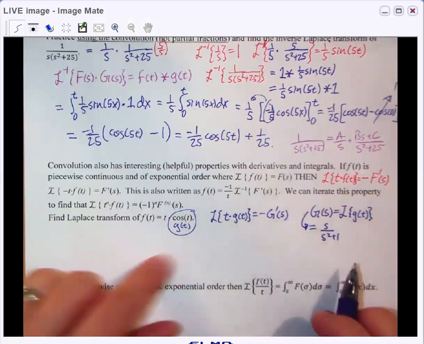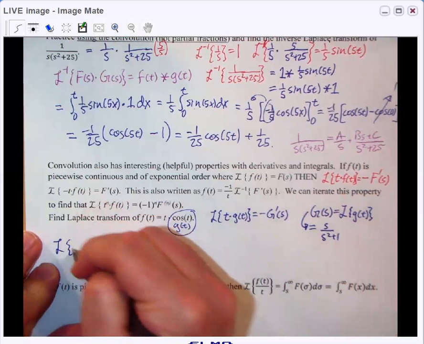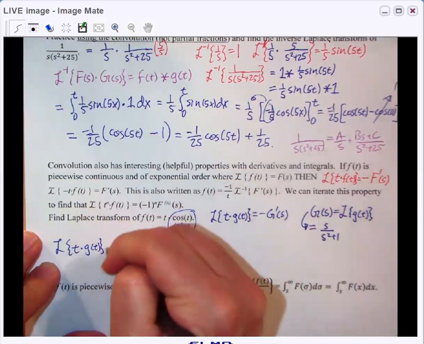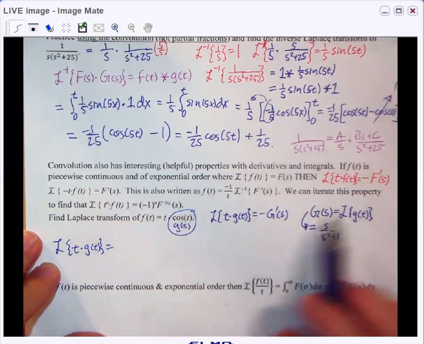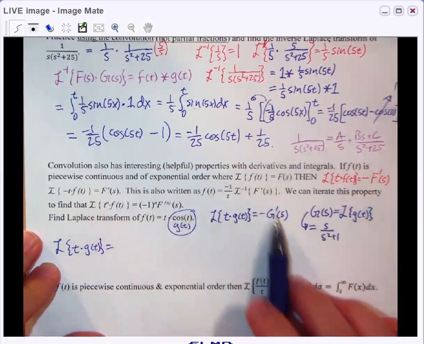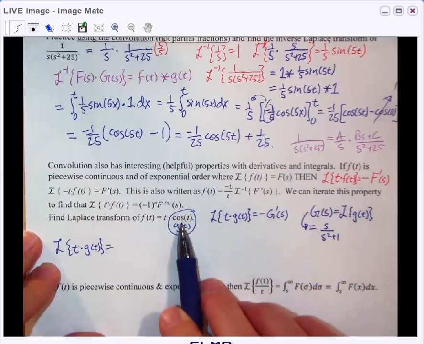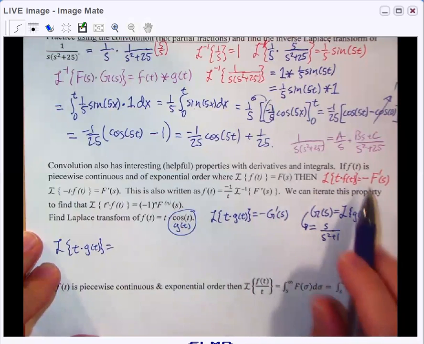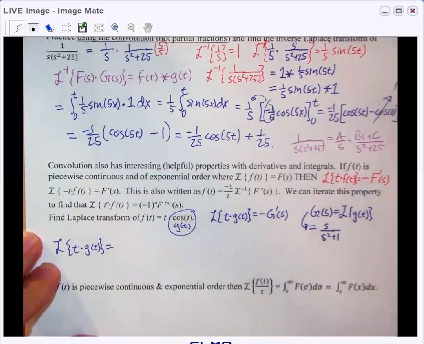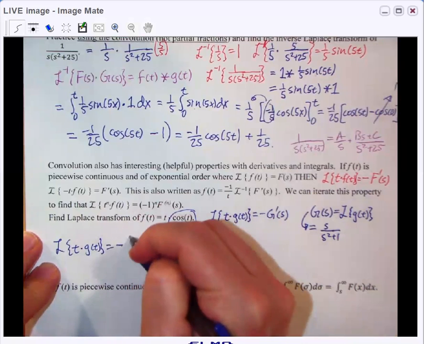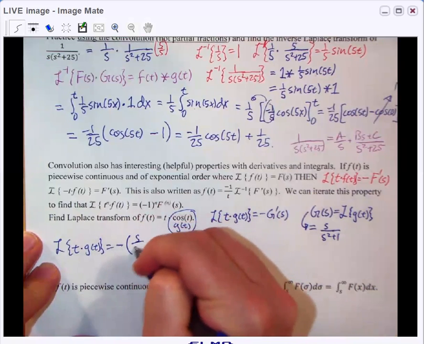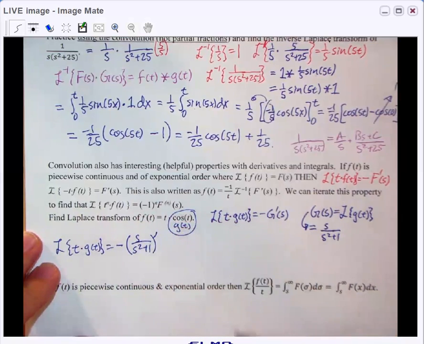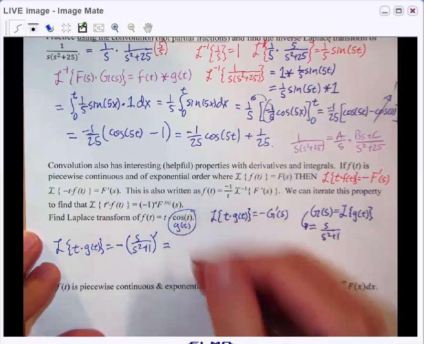Okay, so to get the Laplace transform of t times little g of t, what we need to do is take the Laplace transform of this piece, which is s over s squared plus 1, make it negative, and take the derivative of that. So we're going to do the negative derivative of s over s squared plus 1. I'll put a prime there to do the derivative. To do that, we need the quotient rule.